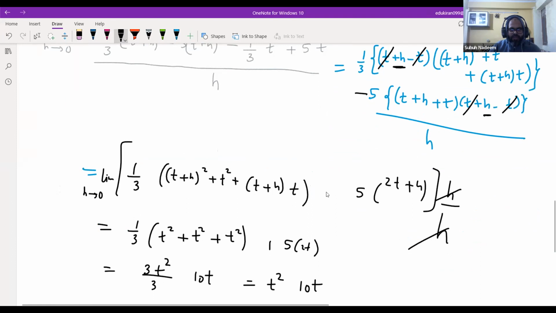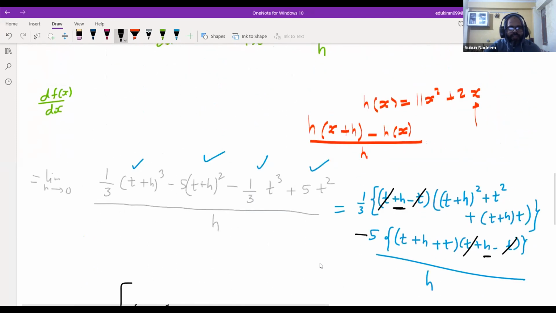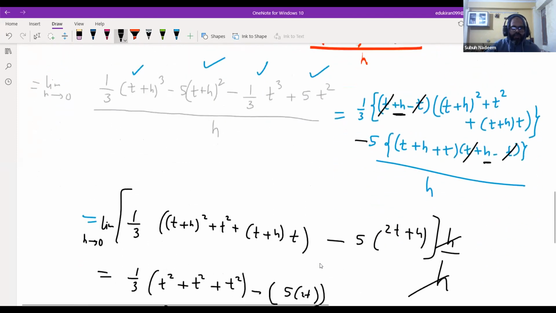So minus, minus. This is minus 5 into 2t. This is minus. So you can write from here and see whether you are getting each and every step on that.